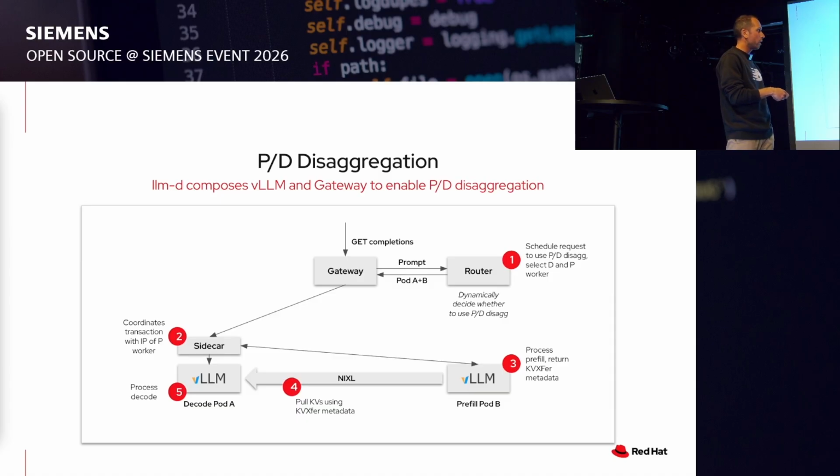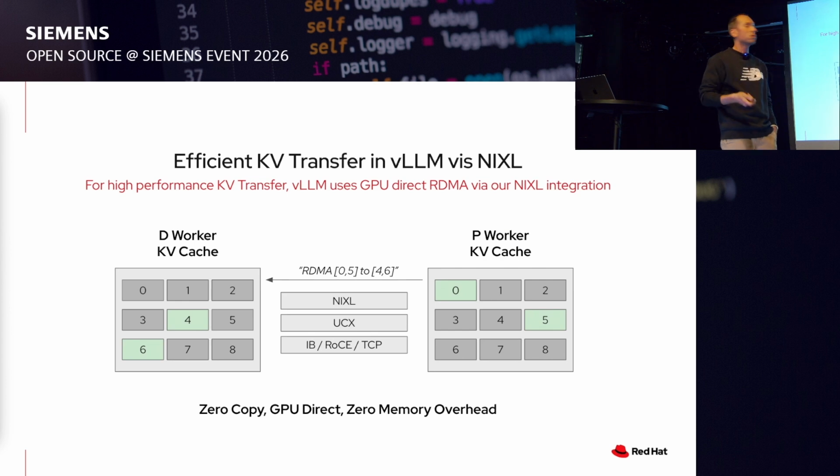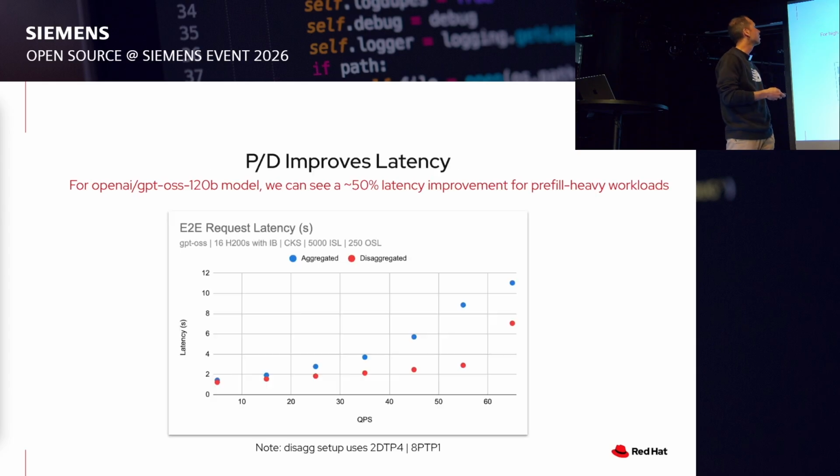When the prefill pod has done its thing, it sends back the result to the decode pod, which does decode. How is this done? The decode pod pulls the KV cache using NIXL. It's not so interesting, but basically it's just a high performance KV transfer library. It's direct RDMA, so it's a GPU to GPU copy. There's no overhead. It's quick.